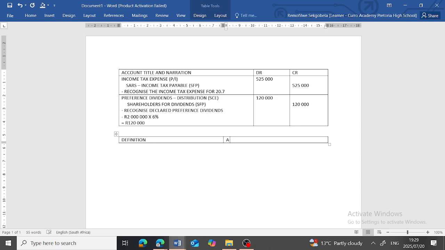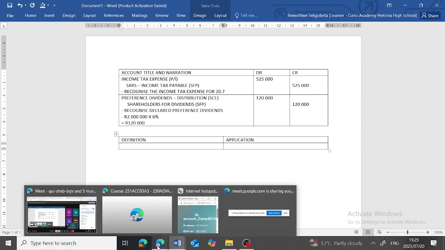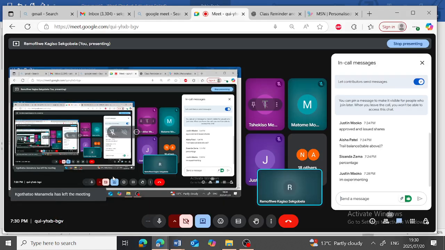Why do you guys think it's a liability? We spoke about this in the recorded lessons, and also in Friday's contact class. Why is it a liability, guys?